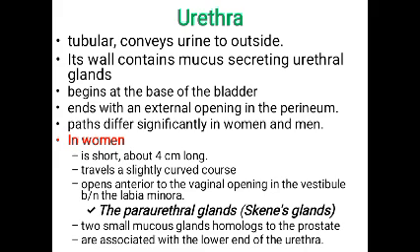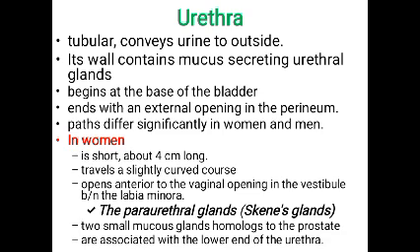The urethra is tubular and conveys urine to the outside. Its wall contains mucus-secreting urethral glands. It begins at the base of the bladder and ends with an external opening in the perineum. Paths differ significantly in women and men. In women, it is short, about 4 cm long, and travels a slightly curved course, opening anterior to the vaginal opening in the vestibule between the labia minora.